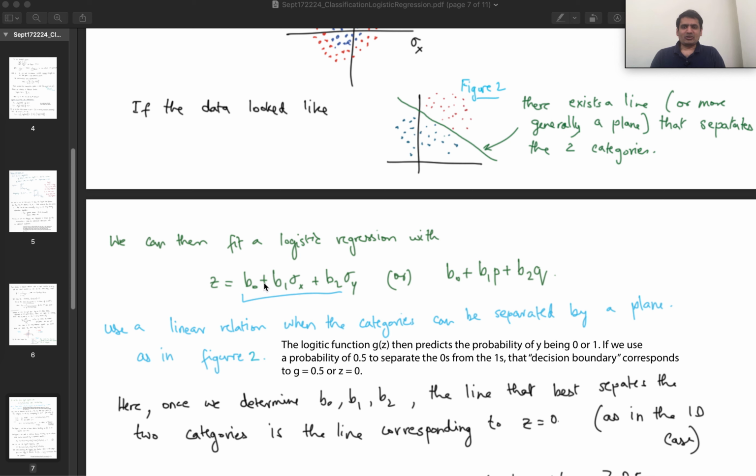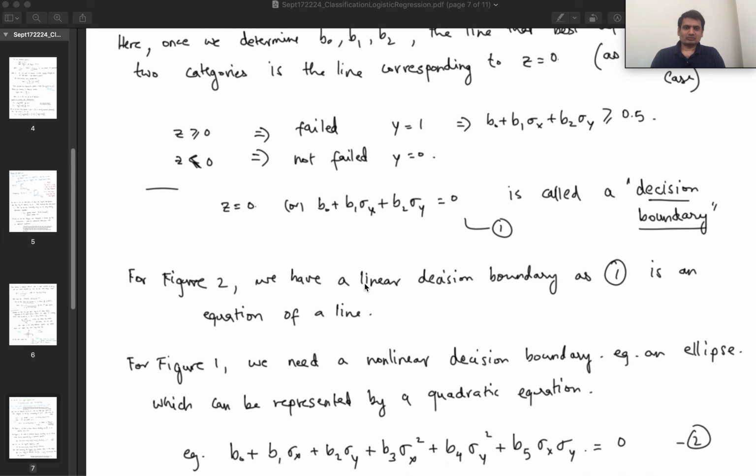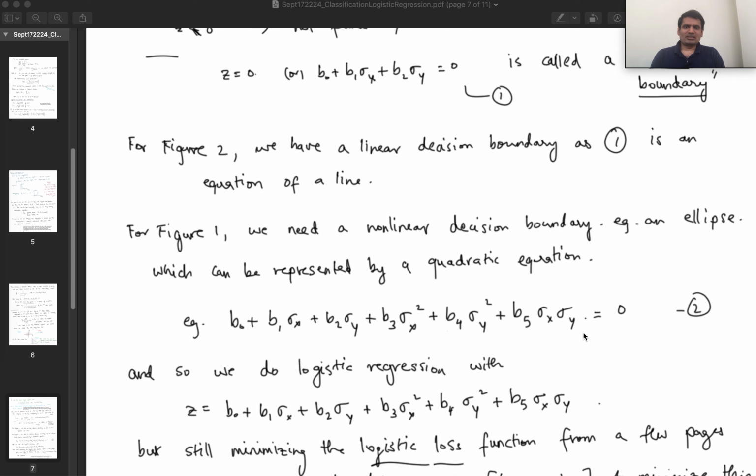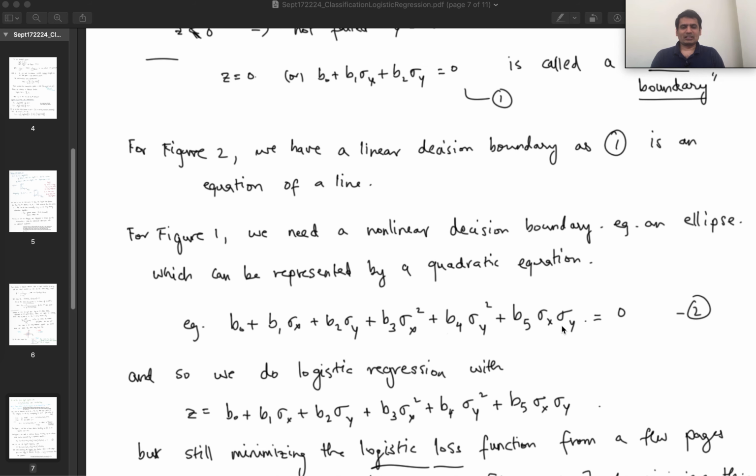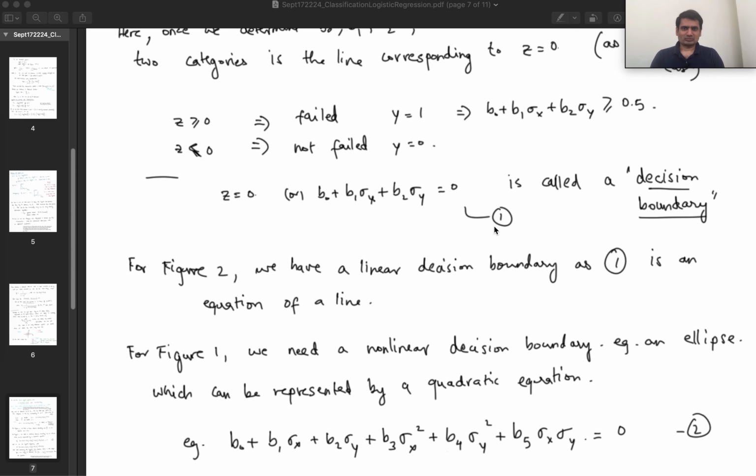So z equals 0, or b0 plus b1 sigma x plus b2 sigma y, is basically a straight line in the sigma x, sigma y plane. When you set this equal to 0, that's an equation of a straight line. When you set this equal to 0, that can be an equation of an ellipse, a circle, a pair of hyperbolas, a pair of straight lines, and so on. Okay, so this single equation can actually accommodate all those things.